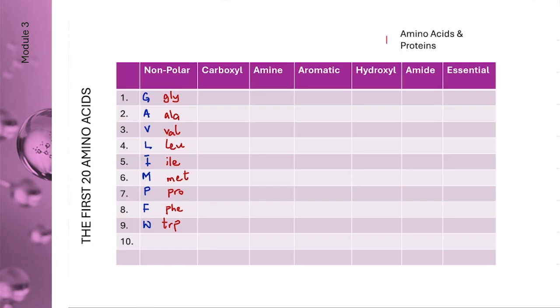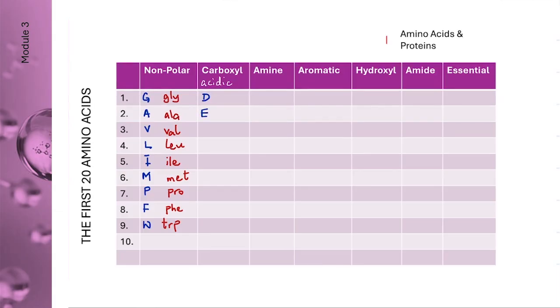What about the carboxyl amino acids? The carboxyl amino acids are also called the acidic amino acids. Do you remember them? Just as a recall, for the acidic, we have the D and the E as the first letter.